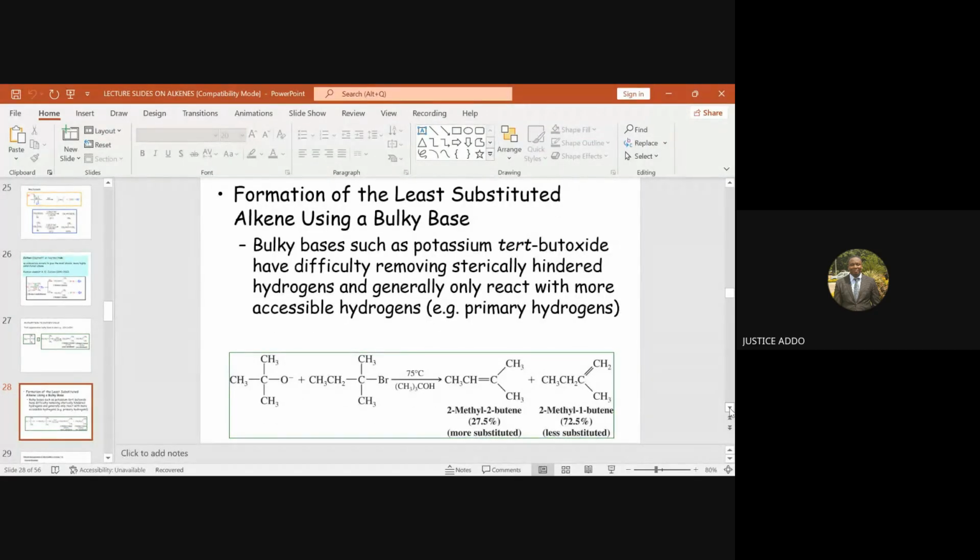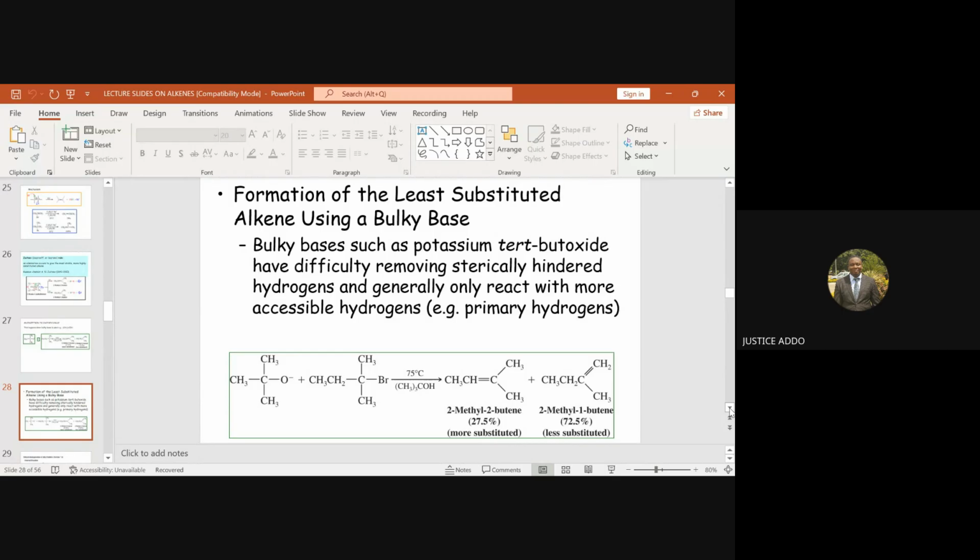So, formation of the least substituted alkene using a bulky base. Bulky bases such as potassium tert-butoxide have difficulty removing sterically hindered hydrogens and generally only react with more accessible hydrogens.